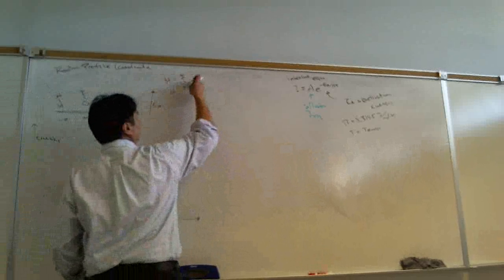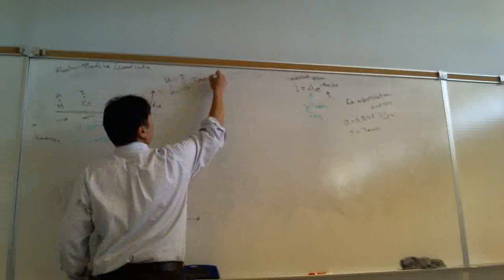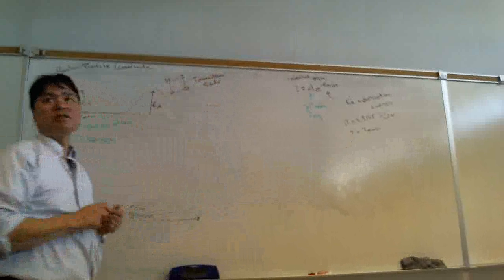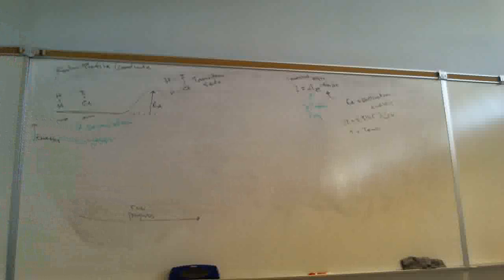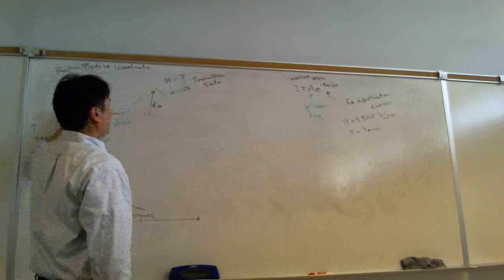This state here, where the bonds are breaking and the bonds are forming, is called a transition state. The transition state is not like an intermediate. When I talk about intermediates, intermediates are typically stable. You can see them. This transition state is transitioning from the reactants to the product.